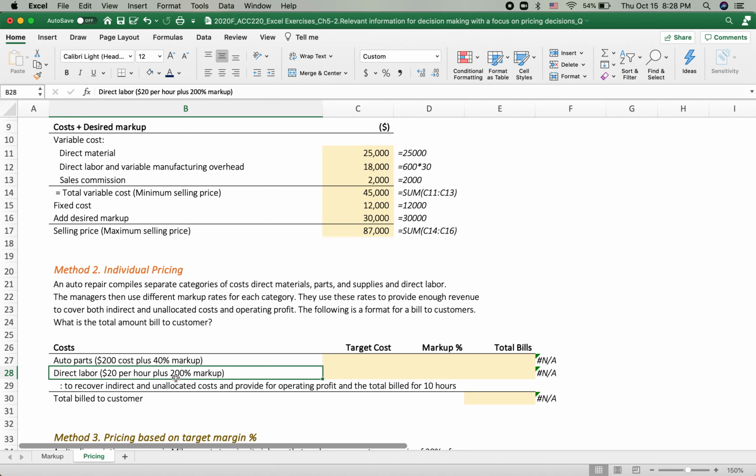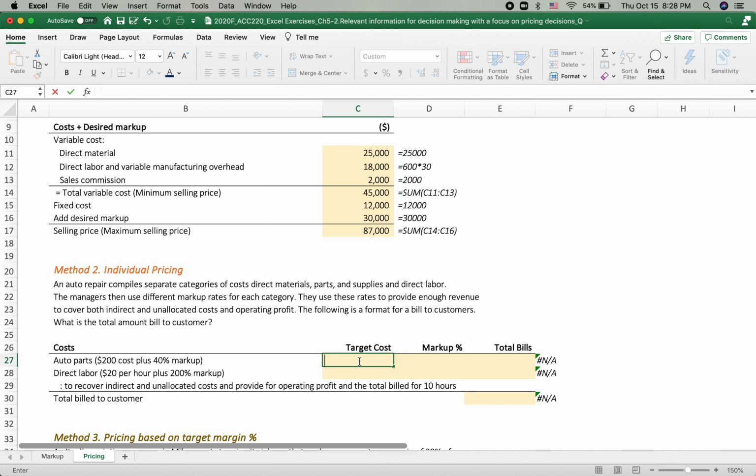So let's start from the auto parts. $200, and the markup of this $200 is 40% of the target cost of the auto part. To reach the target bill, it is 200 times 1 plus 40%, so that we can set up the total bill.